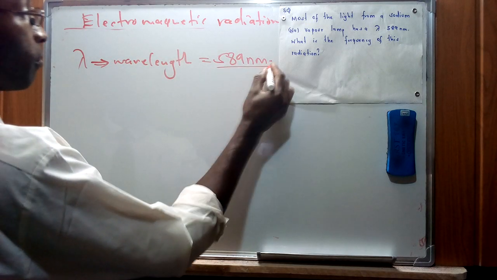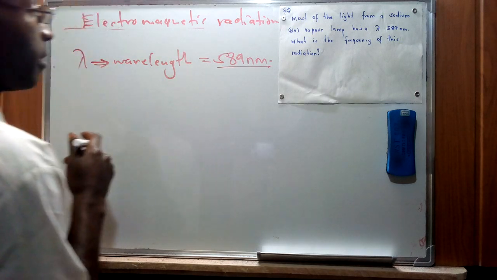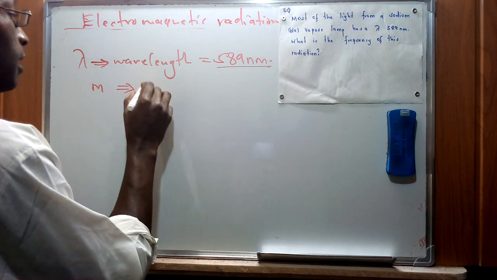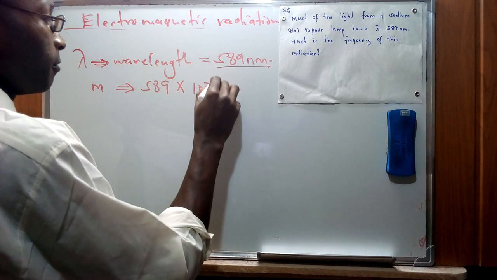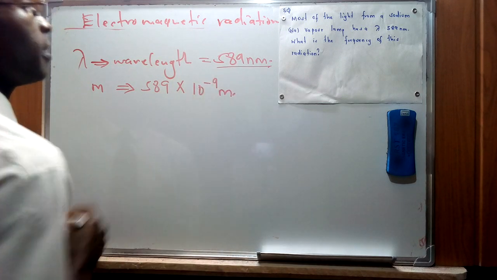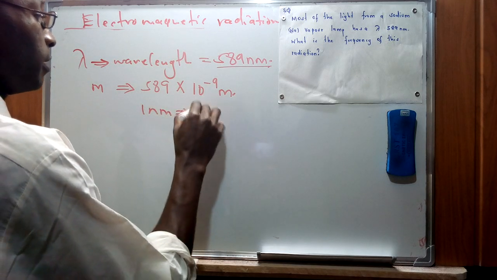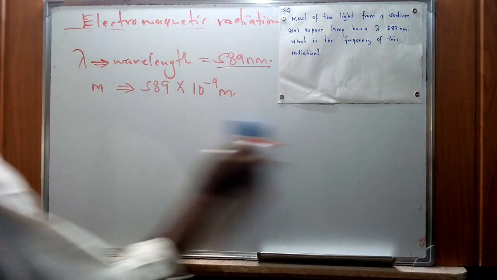Now, this conversion we're going to give in SI units. For length, the SI unit is meters. So the conversion is 589 times 10 negative 9 meters, since 1 nanometer is equivalent to 10 negative 9 meters. So I've done that conversion.